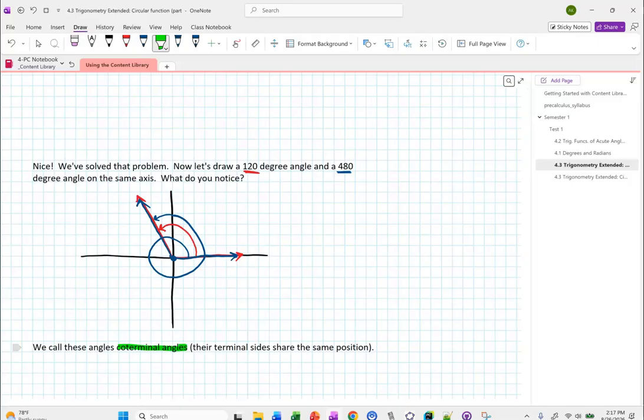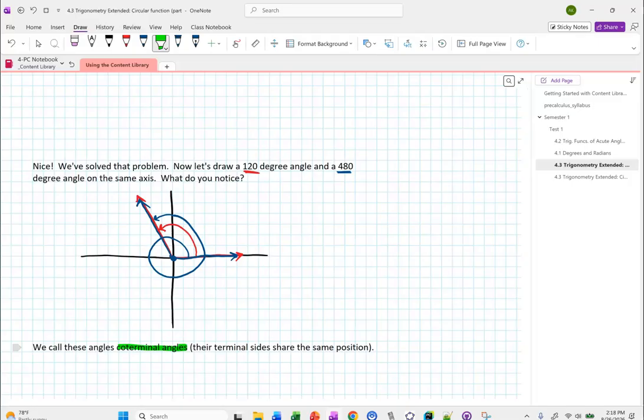Yes, 120 goes into 480, that's true, but that's not what we're looking for here. Look at the difference. If I subtract 120 from 480, what do I get?